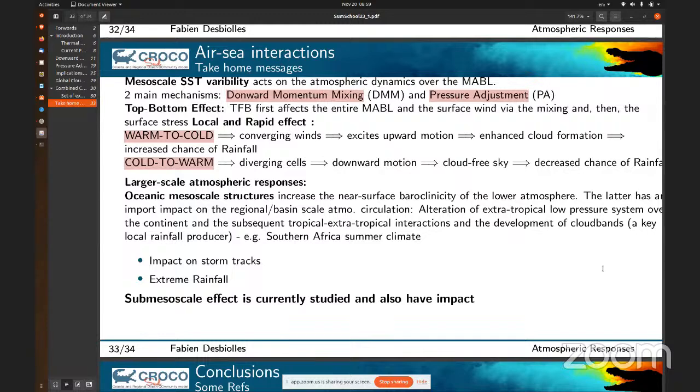And this is very, very important for larger-scale atmospheric dynamics, as we've seen for Southern Africa, for example, and further for also the storm track, which we know is very, very important to redistribute the heat in the Earth system. I'm going to stop here. Thank you.